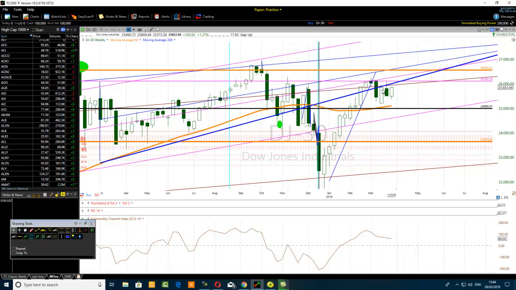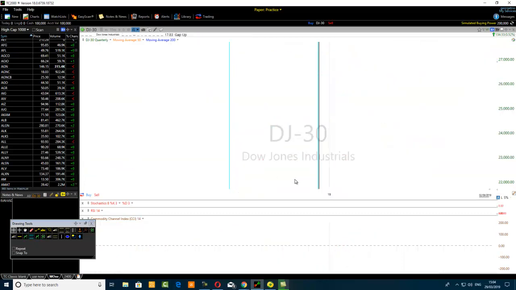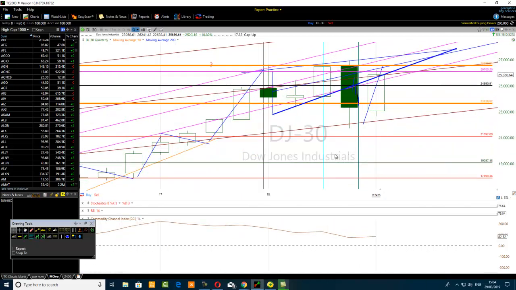Sometimes it may not do it. Here it went back to retest it. See, but if you are on the monthly chart, as I am, you have to wait. Okay, you have to wait.